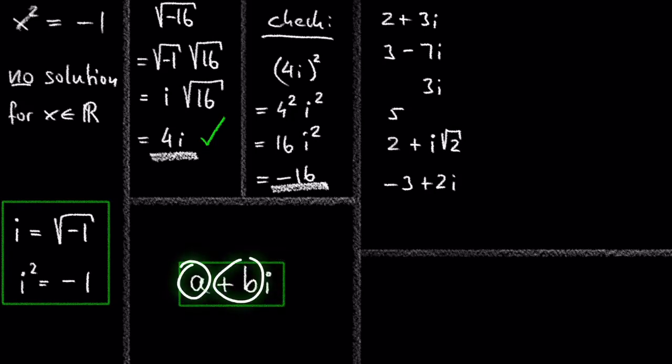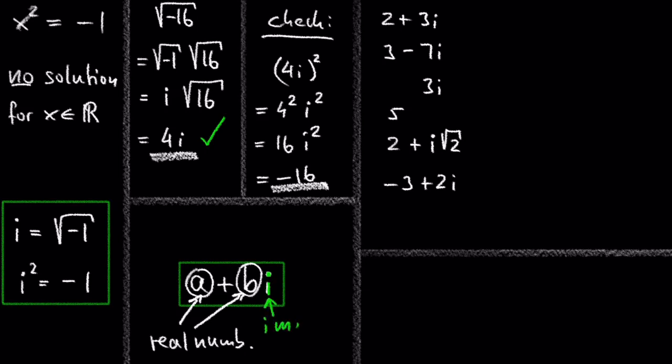a and b are real numbers, and i is called the imaginary unit.